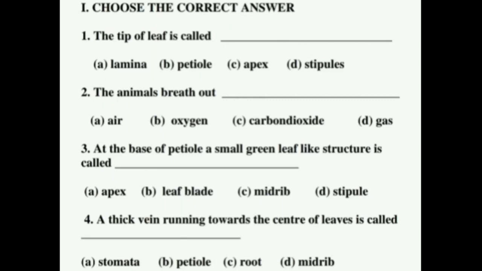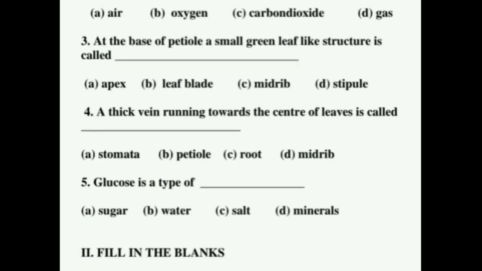At the base of petiole, a small green leaf-like structure is called dash. Answer, stipule. 4. A thick vein running towards the center of leaves is called dash. Answer, midrib. 5. Glucose is a type of dash. Answer, sugar.